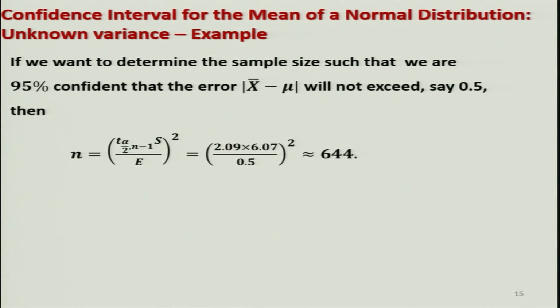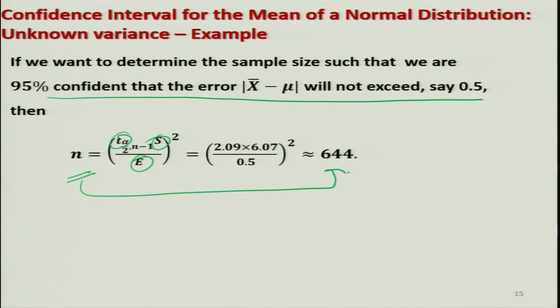And if you want to find the sample size such that we are 95% confident that the absolute error, X bar minus mu, will not exceed some value, say 0.5, then we have already obtained the expression. You simply have to substitute the values of t, s and e, and you can compute the value of n, which comes out to be approximately 644.